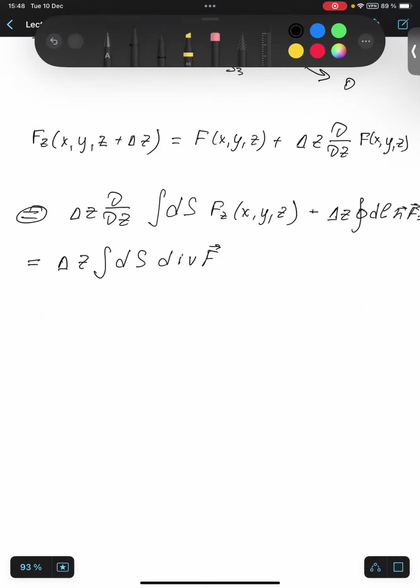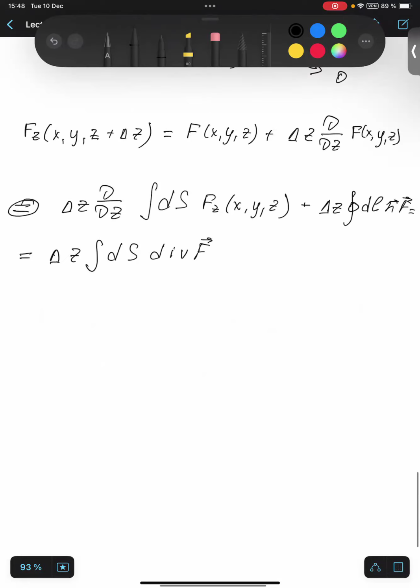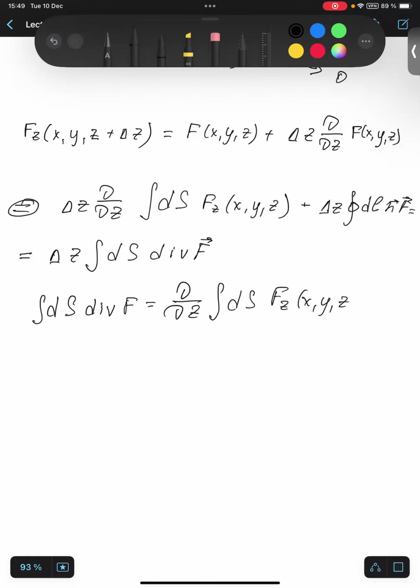So delta z we can neglect now. So we write divergence f to d over dz integral ds f z x y z.